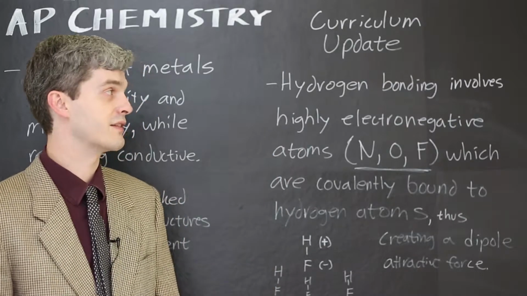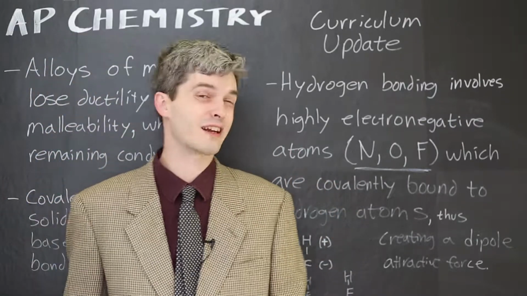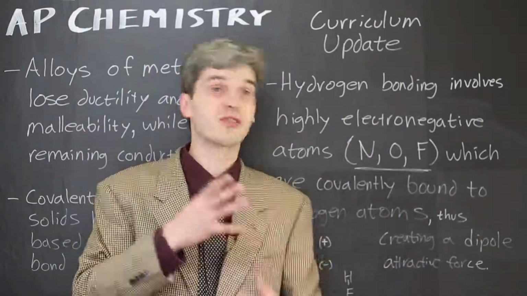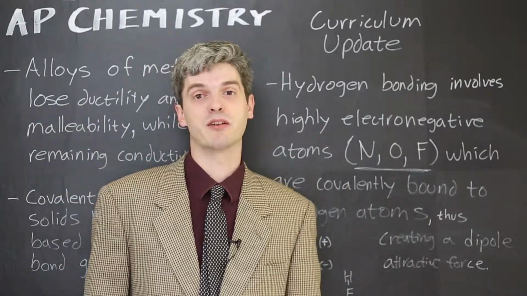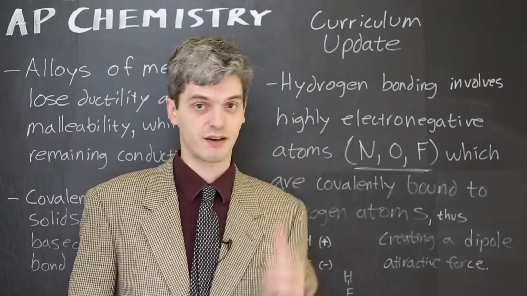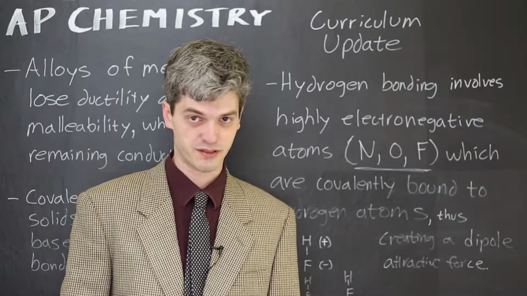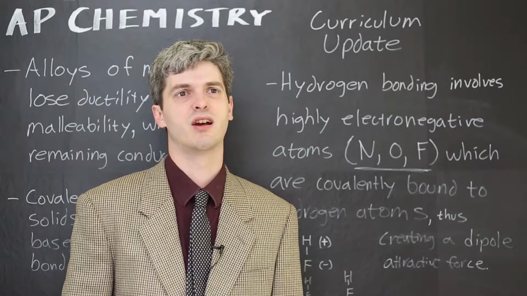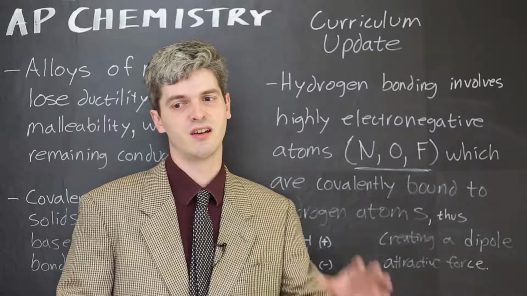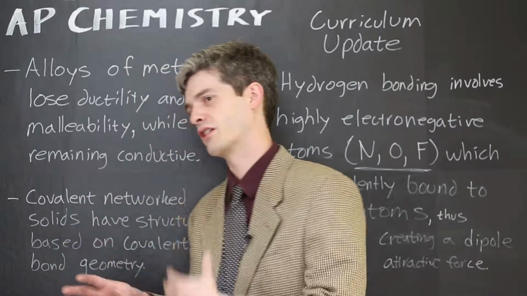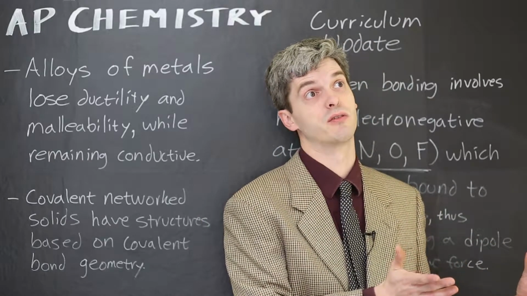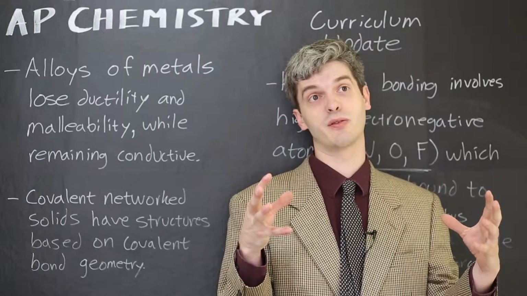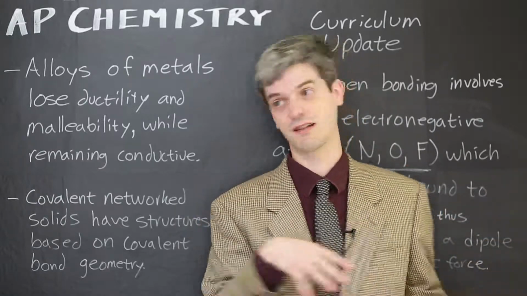But hydrogen bonding in and of itself, when it is working this way, is pretty strong. It's just about under an ionic bond, but it's still pretty strong, especially compared to some of the other forces that you have to talk about, like London dispersion forces, which are really just reliant on all of the electrons happening to be over on one side of the molecule, creating an instantaneous dipole, which soon dissipates because the electrons then happen to be over on the other side.